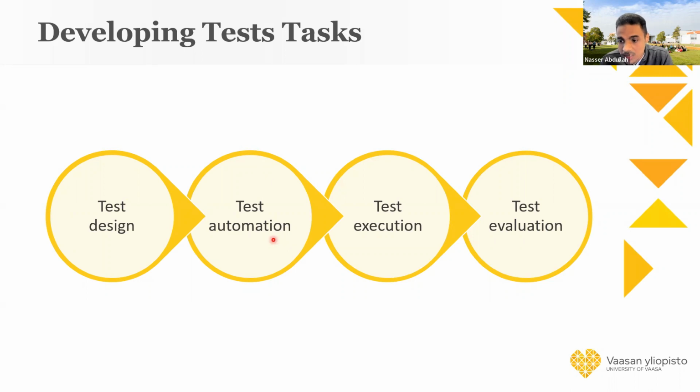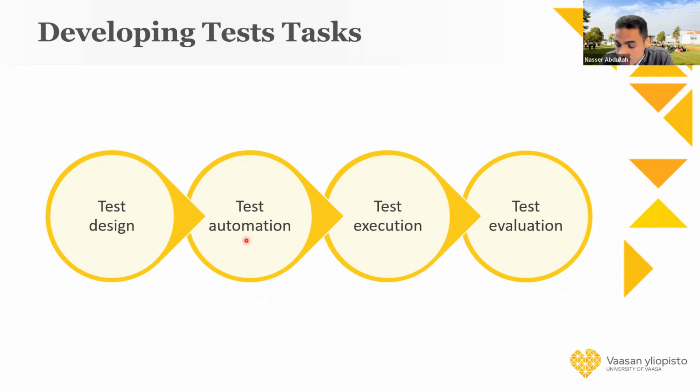What's the test script here? The test script is the script that you will use to test your application. And then another step, which is test execution. Test execution is running the test cases and evaluating the result. The comparison can also be done in the test execution.